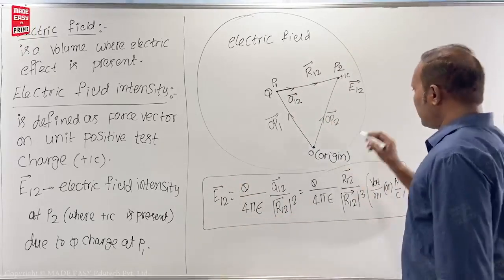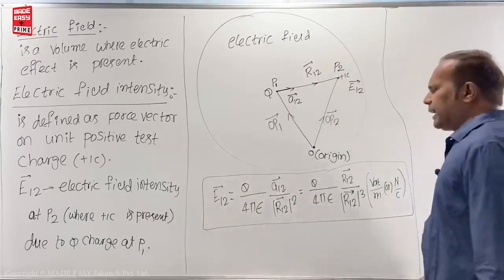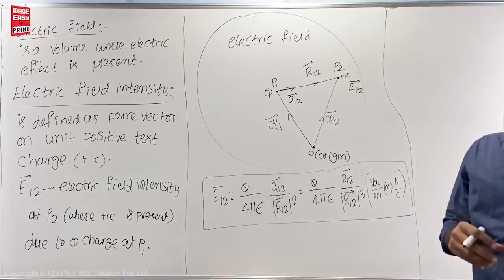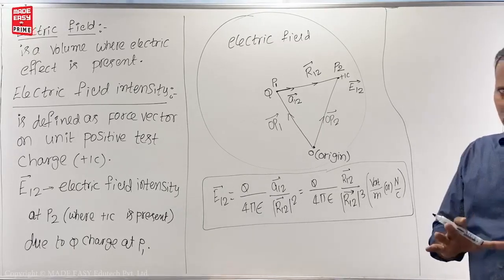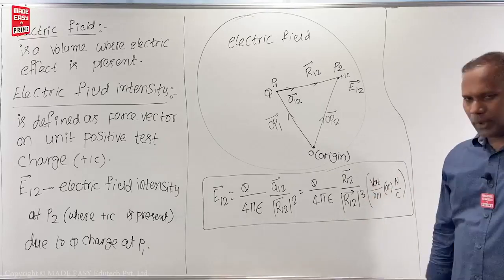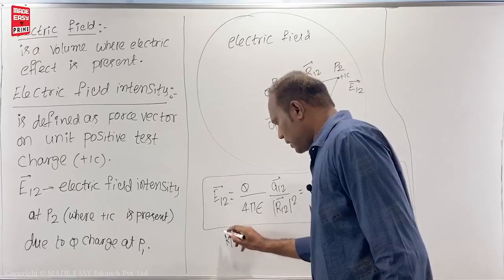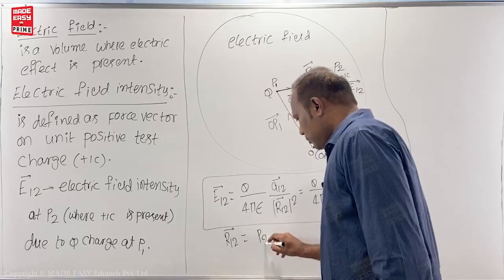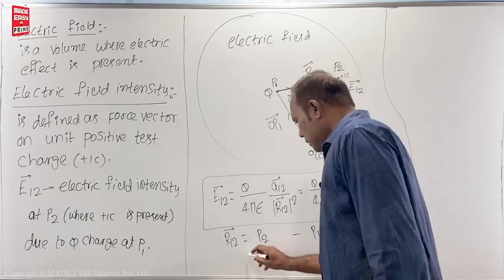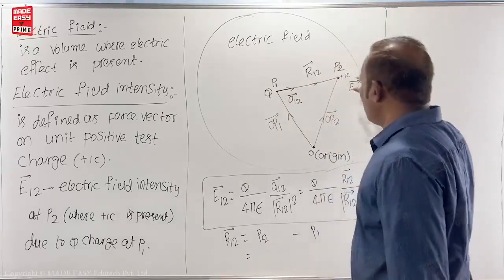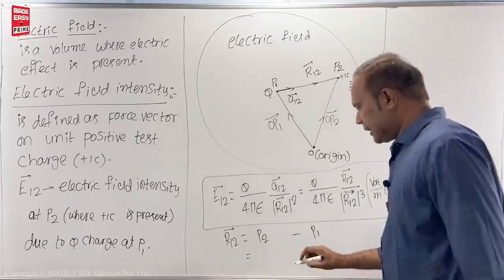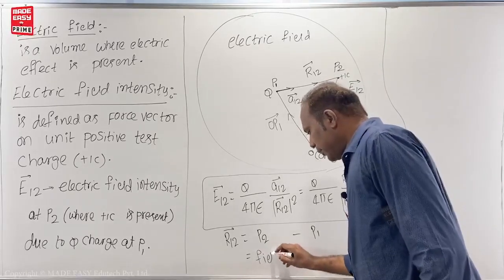Okay, this is electric field due to point charge. In examination, if they ask you electric field intensity due to point charges, always you have to use this formula. Now what is R12 bar here? So R12 bar is equal to 0.2 minus 0.1. Here 0.2 is where we are finding electric field intensity, so that is called field point.